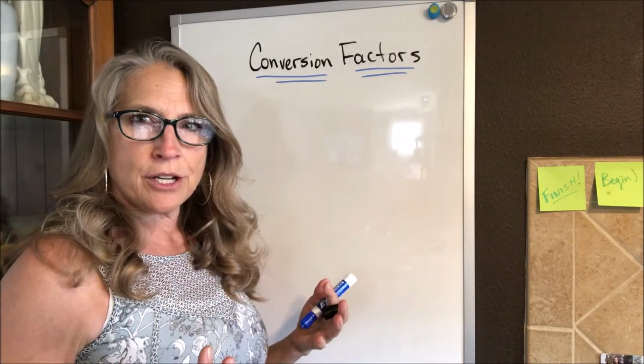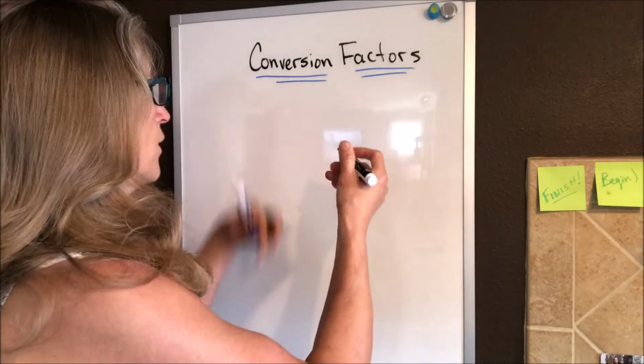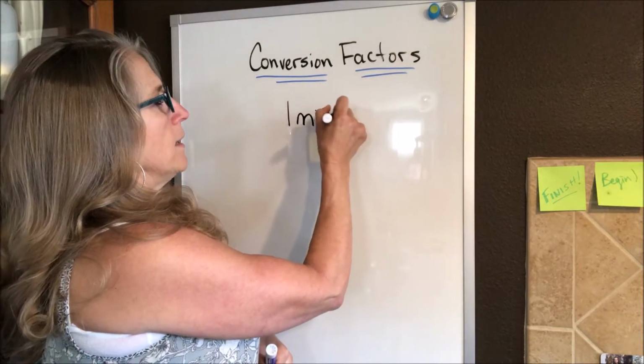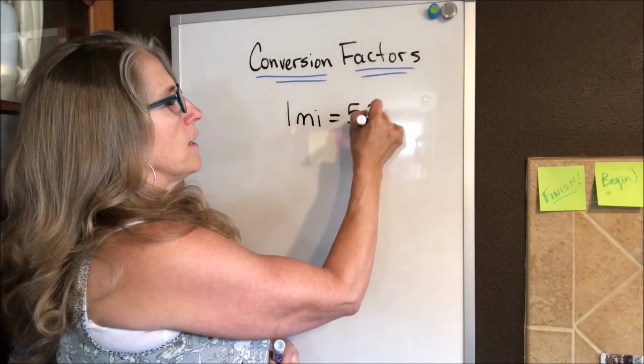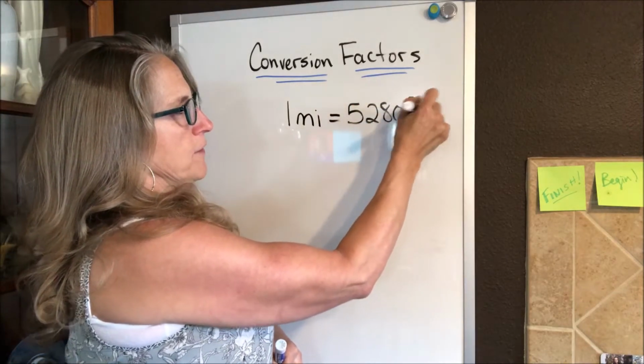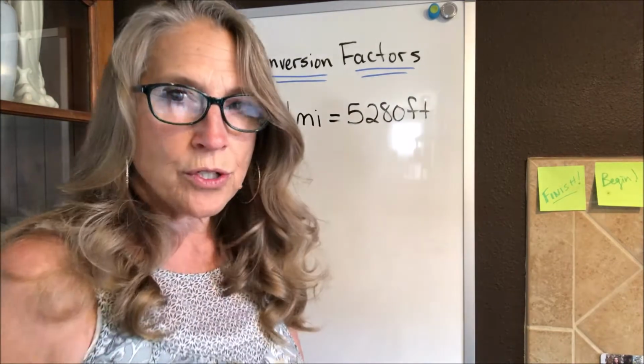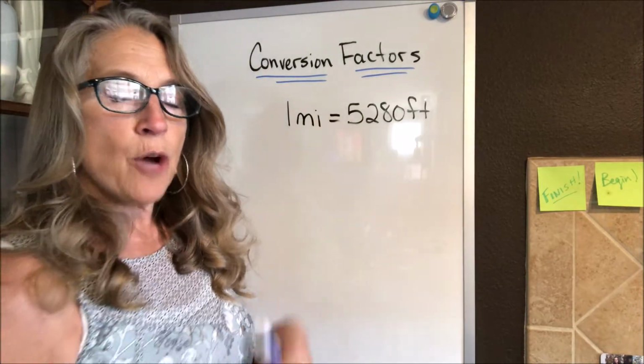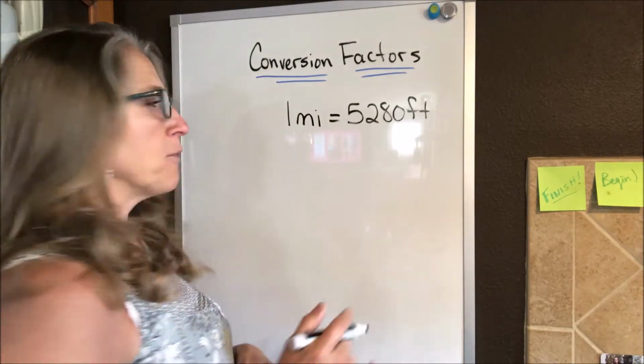We want to create a ratio. So let's take our example of miles to feet. So we know that 1 mile equals 5,280 feet. So in order to turn that into a conversion factor, we're going to want to write it as a ratio. We have two options for how we write that ratio.